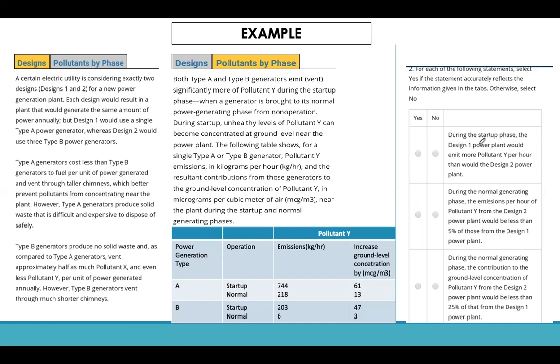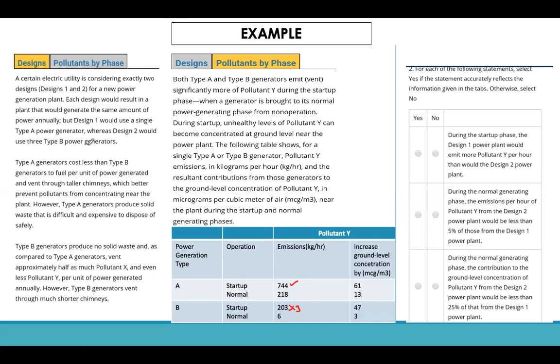During the startup phase, design 1 power plant would emit more pollutant Y per hour than would design 2 power plant. All right. So during the startup phase, design 1 power plant produces 744 kilograms per hour, while for design 2 power plant, remember, it is times 3.